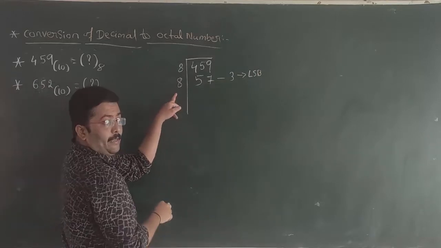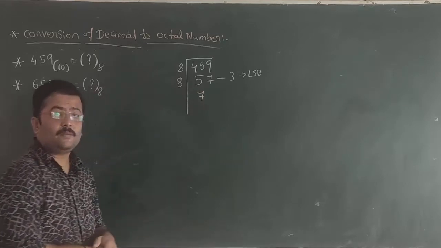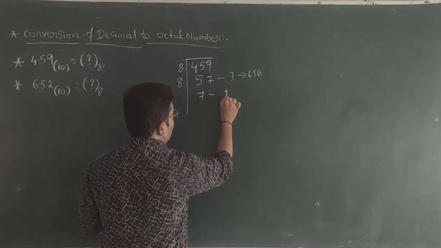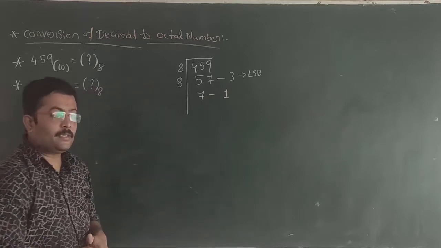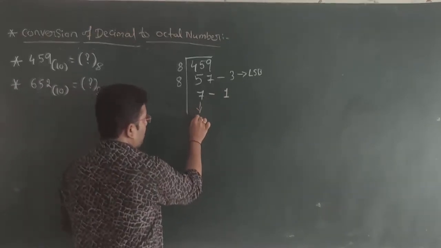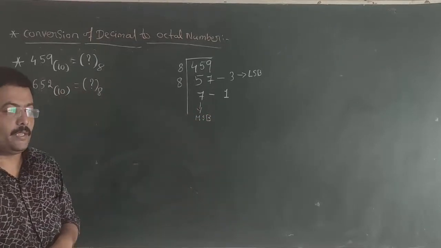Next, 8 sevens are 56. Remainder is 1. Next it cannot be further divided. So this is my last remainder, that is MSB.